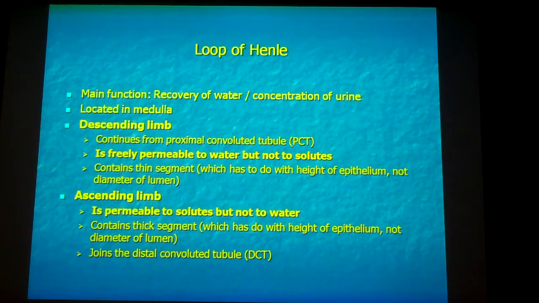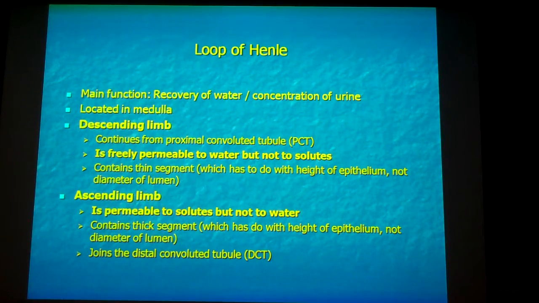And the ascending limb is permeable to solutes and not to water. Later we'll show you how this works. I mentioned this before in lab, that the loops have a thick segment and a thin segment. You can see that in the models.